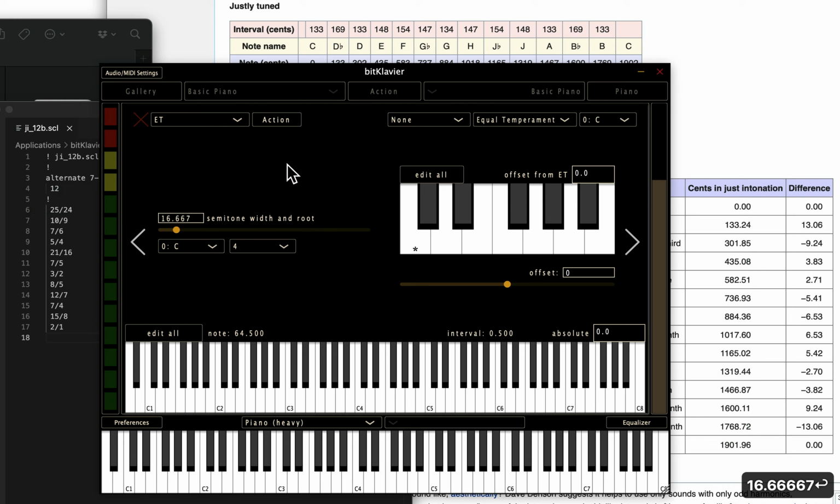So now we can try this keyboard that way. So with 72 equal divisions of the octave, you can actually very closely approximate many of the overtones in the overtone series without actually using the precise ratios. You just have such a fine grid that you can get very close.